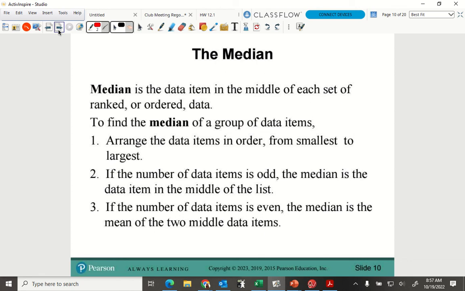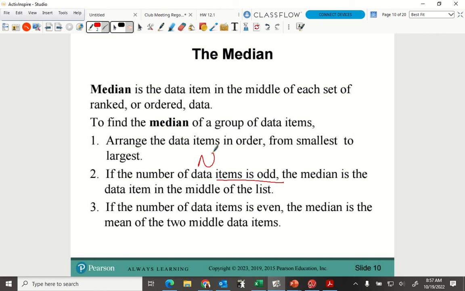Median is the data item in the middle of each set of ranked ordered data. To find the median, arrange the data items in order from smallest to largest. If the number of data items, n, is odd, the median is the data item in the middle of the list.